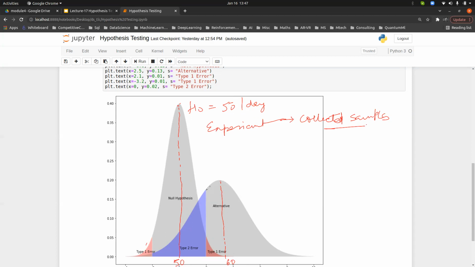Now we could very well see that these two distributions are very different. Their mean, mode, median, everything is different. So if we apply any test statistic, let's say a t-test, which we will be covering later, we could claim that we can reject our null hypothesis.